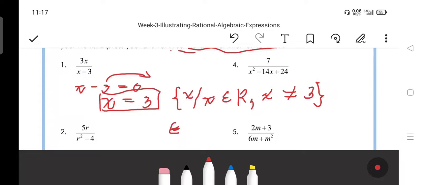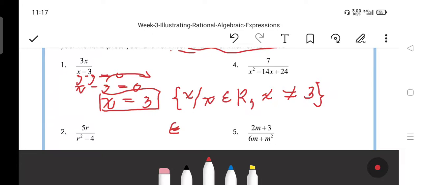Why? It's because if we substitute 3 here, 3 minus 3 will be 0. And we know for a fact that any number divided by 0 is undefined. It will make our rational expression meaningless.